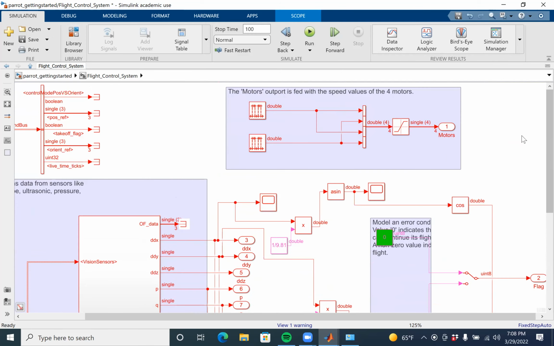Can you see this motor output block? What this means, this PWM output, it's sent to 1 and 3, 2 and 4. So now you directly have access to 1, 2, 3 and 4.